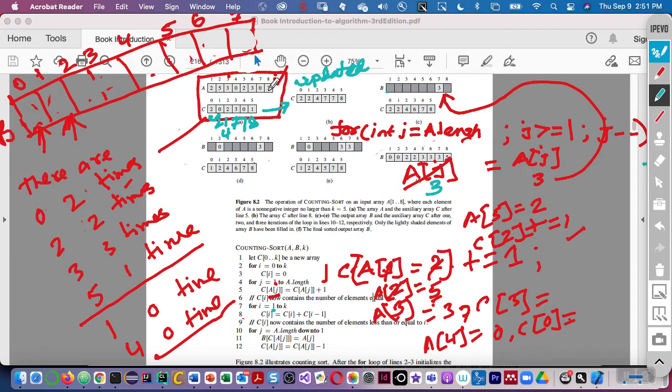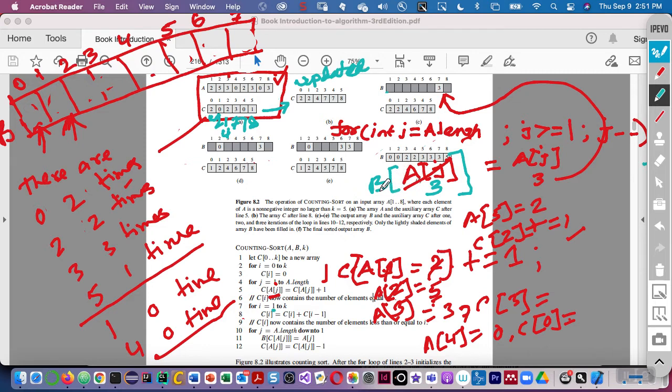It is fine, easy to find that. And then we need to find b of aj, that means b of 3.